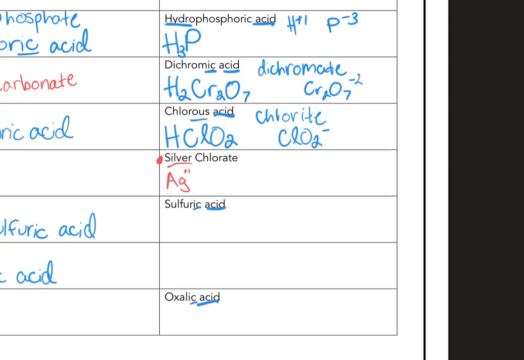And then chlorate, okay? So that "ate" also tells me it's a polyatomic. So chlorate is ClO3 with a -1 charge. So again, a 1-to-1 ratio, which is really nice. My final formula is just going to be AgClO3.